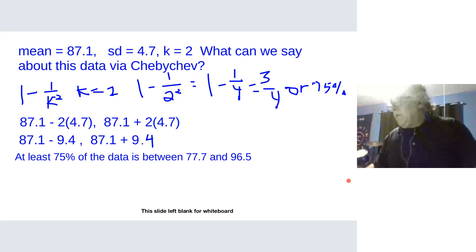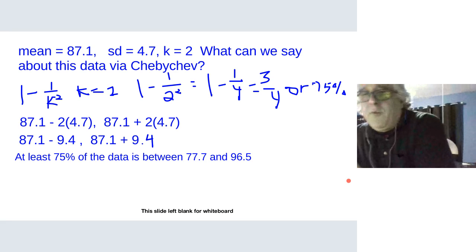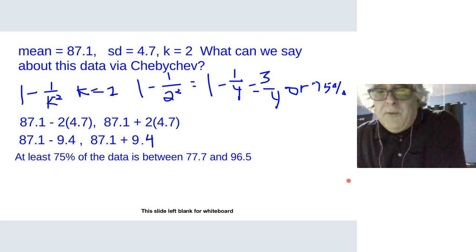Okay, so that's what Chebyshev can tell us: at least 75% of the data is between 77.7 and 96.5. Now, because Chebyshev works with data that's not normally distributed, or if we don't know that it's normally distributed, in other words, approximately symmetric, it's not as accurate.